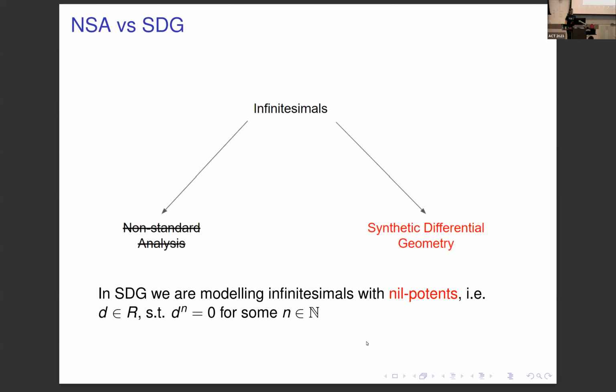So we're going to be sticking with synthetic differential geometry rather than non-standard analysis, and the reason is quite simple: synthetic differential geometry is more suited, its model of the infinitesimals is more suited to reflect our intuition in geometry, whereas non-standard analysis is better for analyzing infinitesimal arguments. So how does synthetic differential geometry model infinitesimals?